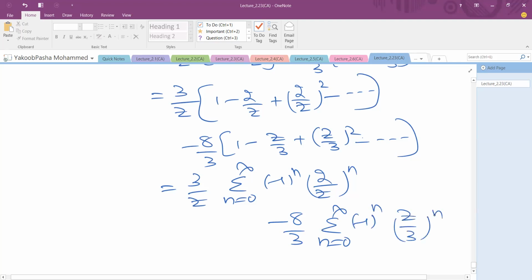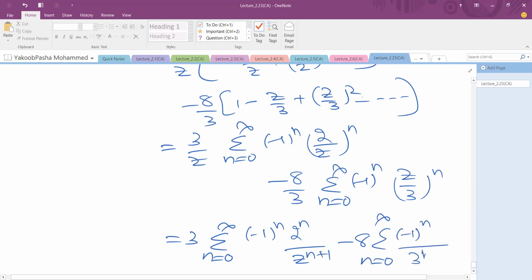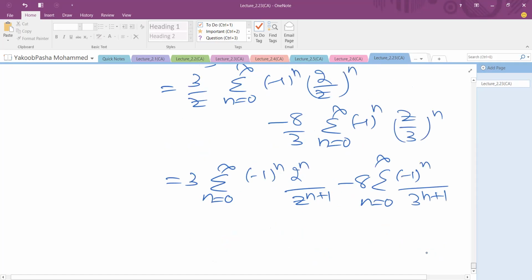So we can write it as 3 into summation n equals 0 to infinity, (-1) to the power of n into 2 power n divided by z power n plus 1, first term, minus 8 into summation n equals 0 to infinity, (-1) to the power of n divided by 3 power n plus 1, into z power n here.